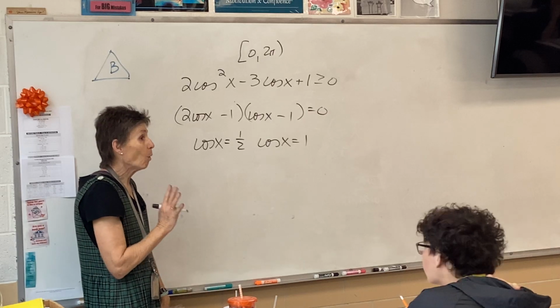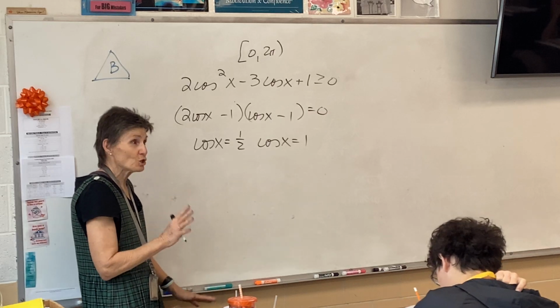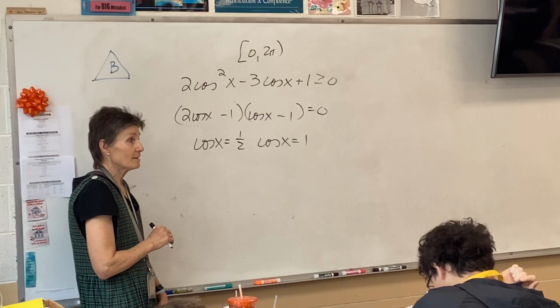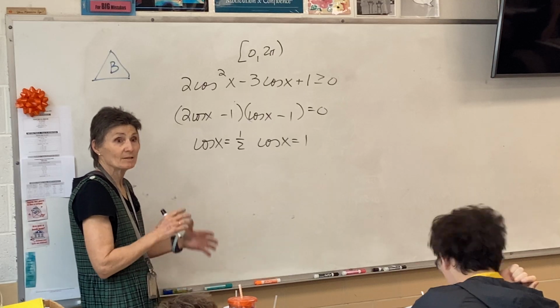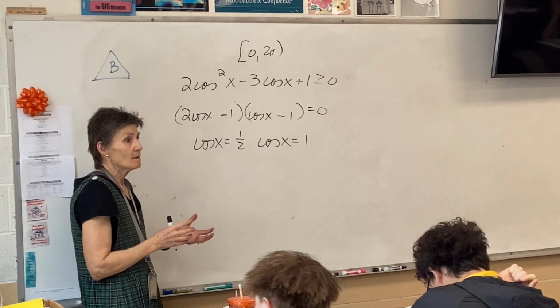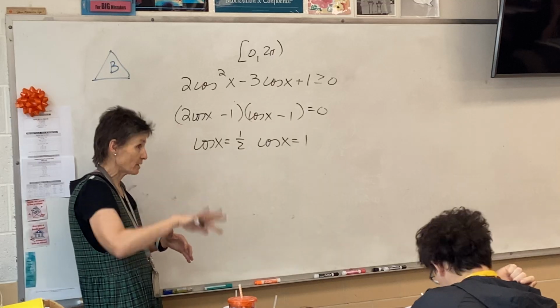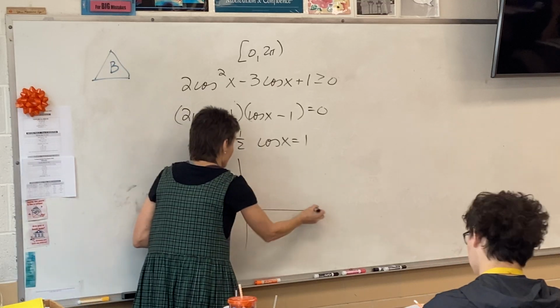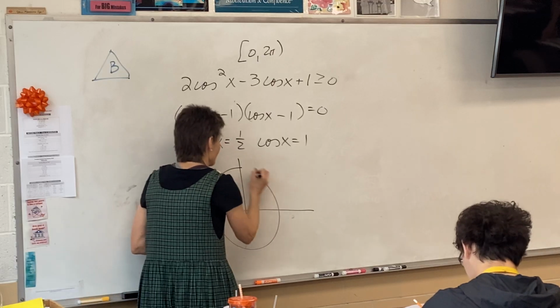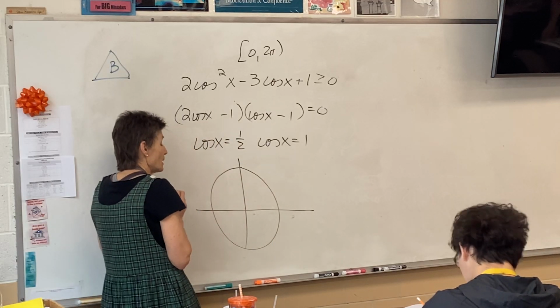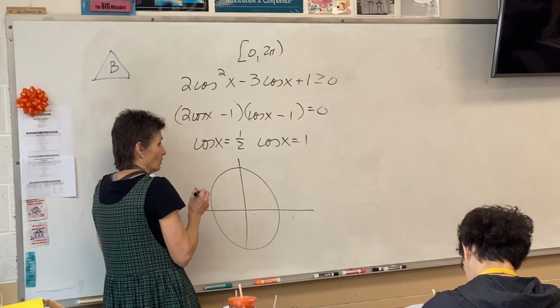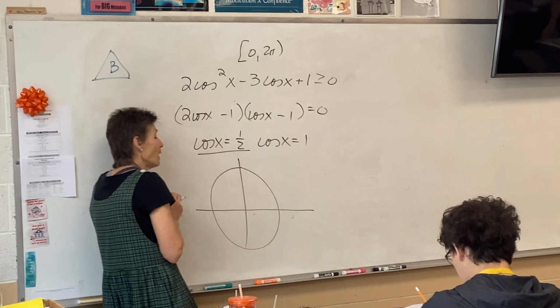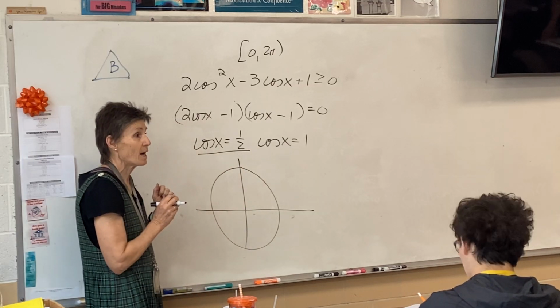Now it's an inequality, so there's going to be some shading involved. I think most of you ended up liking the unit circle shading, but you could also draw a cosine curve and shade that. It doesn't matter, but we have to shade something. So here's my unit circle. There are going to be two important angles on this unit circle. One is going to be where the cosine is 1/2.